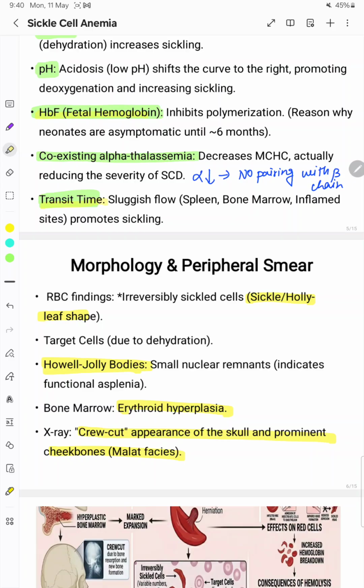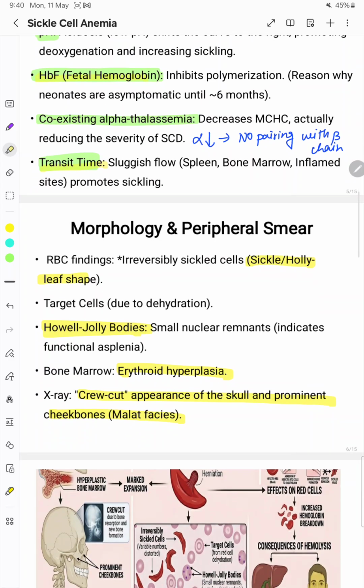Transit time: sluggish flow promotes sickling. Sluggish flow is particularly present in the spleen, bone marrow, and inflamed sites. As we have discussed, sickle cells have more adhesion molecules, and they have an increased tendency for stickiness.